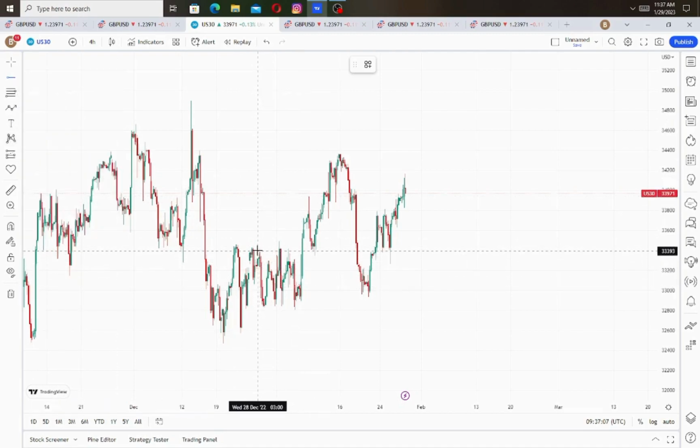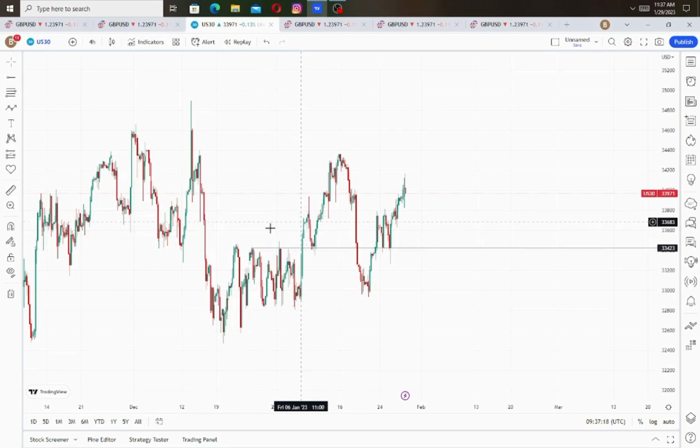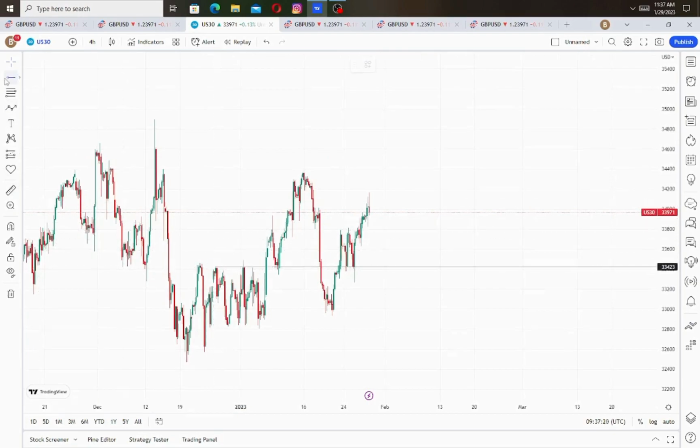First of all, I'm gonna mark this area right here because it's an area of support and resistance. It has been for the previous weeks. I'm sure I've highlighted it over 2 times. Then I'm gonna mark this area right here. Why? Because it's at its highest point. Basically, this is the highest point.